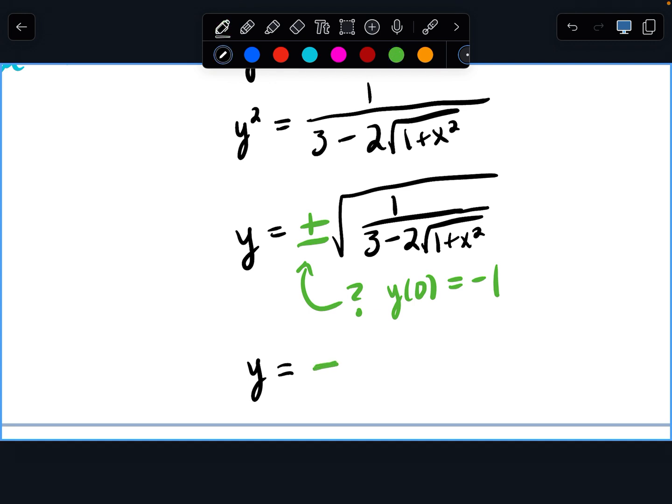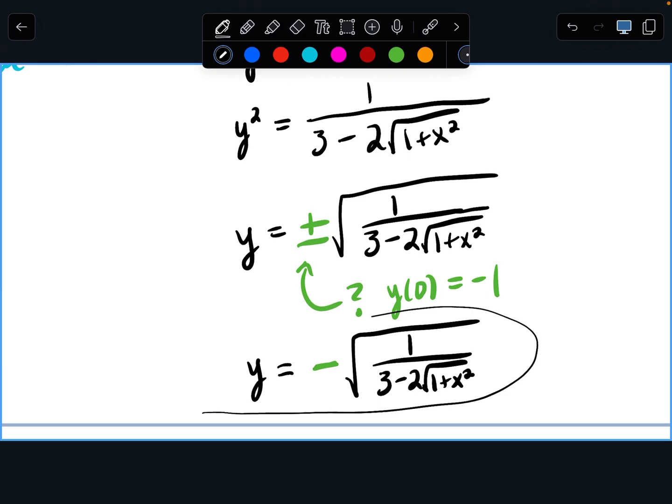Because if I plug in 0, I need a -1 with this radical. So I knew because if I plug 0 in, I need a -1. If I plug 0 in now, I'll get a +1, like plus or minus. But I need it to be a -1, so I have to put the negative in front of the radical.